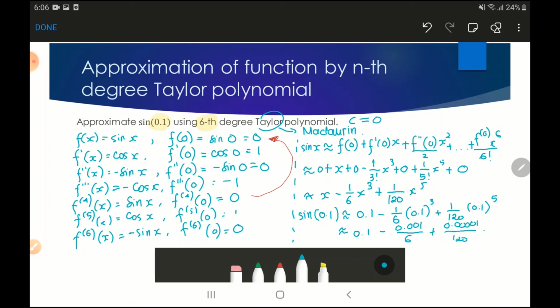So it will be something about 0.0017, something like that. You can do the calculation using a calculator to find this. So this is pretty much the approximation, and this is actually what's happening inside your calculator.